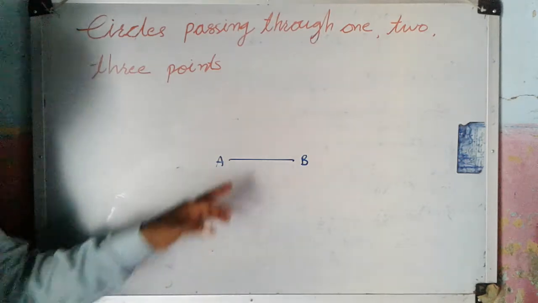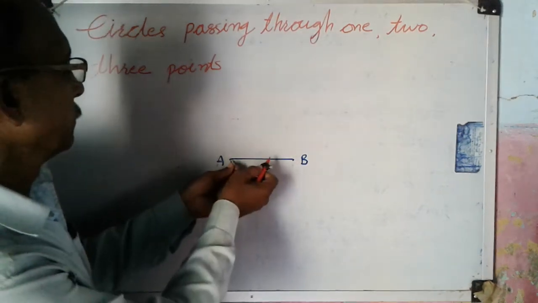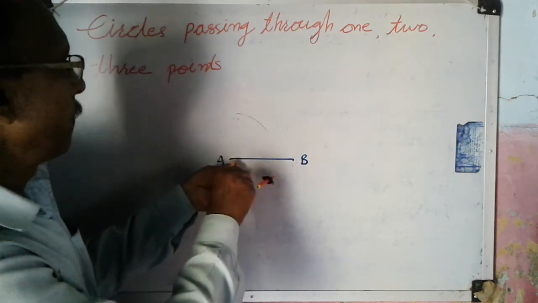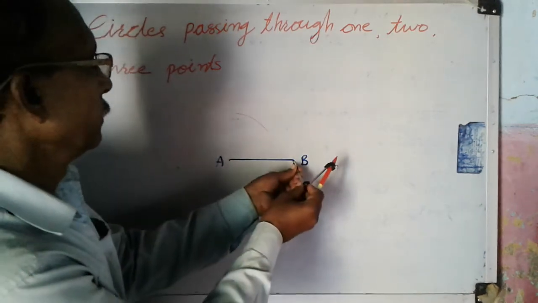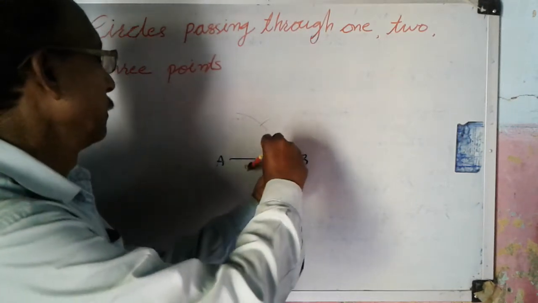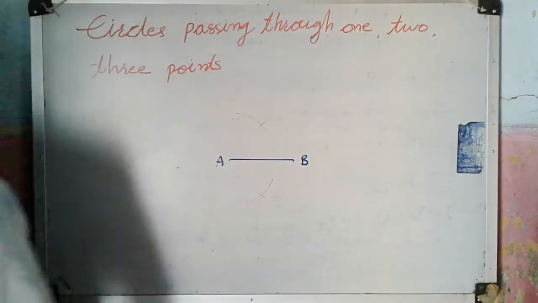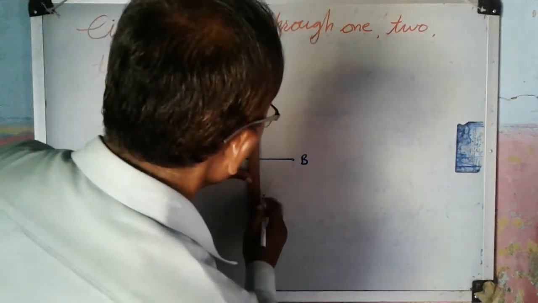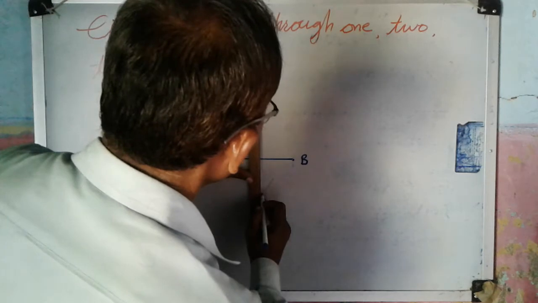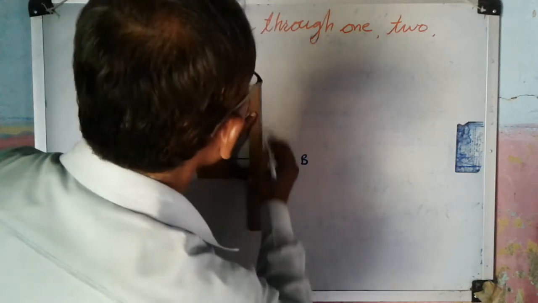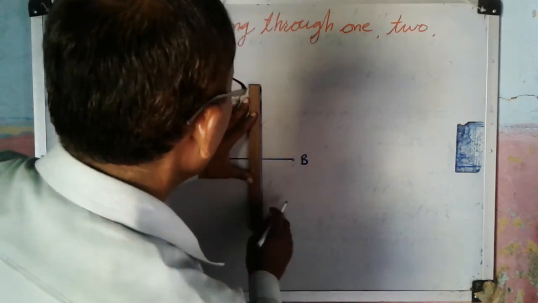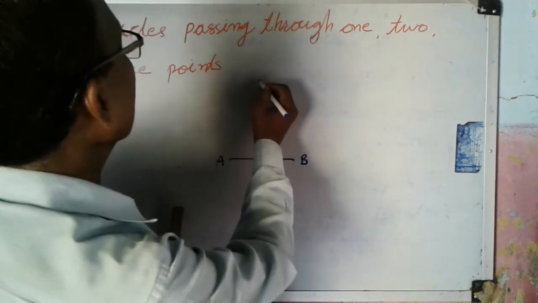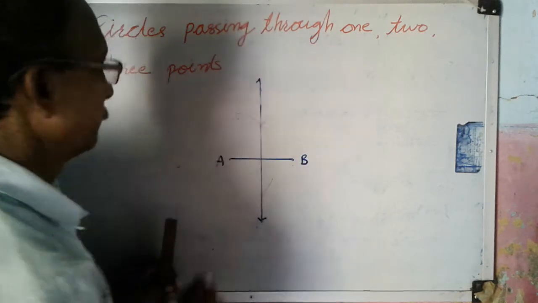For that, we will draw a perpendicular bisector of this. Now this is a perpendicular bisector, this is the midpoint.